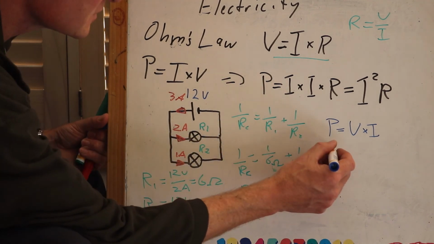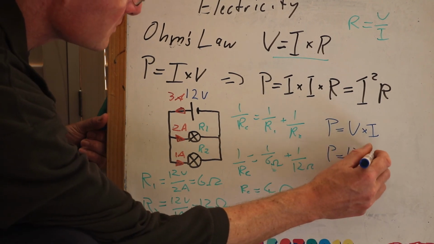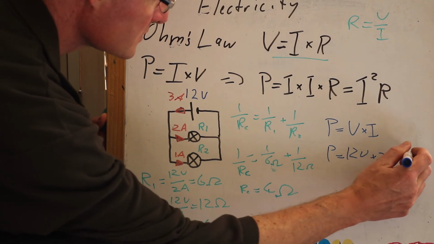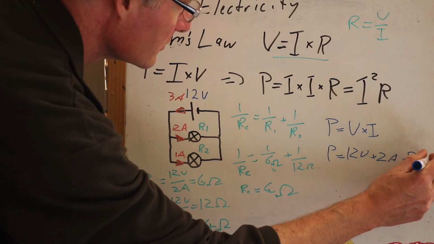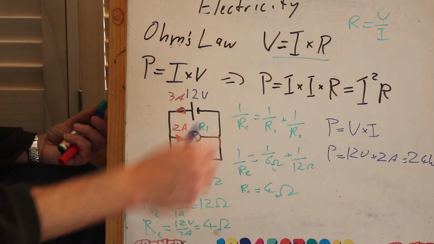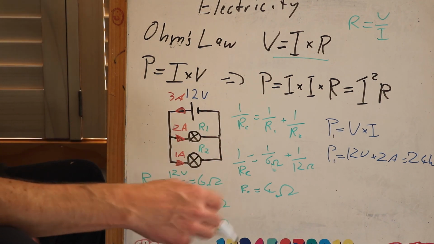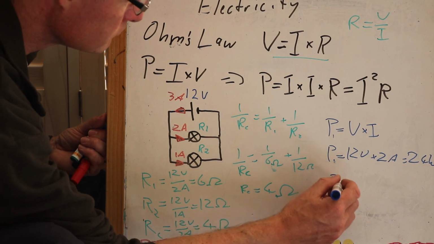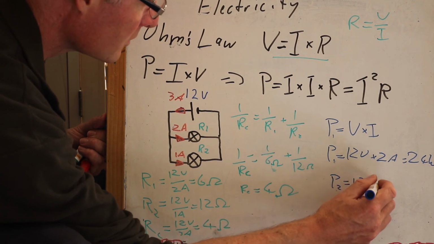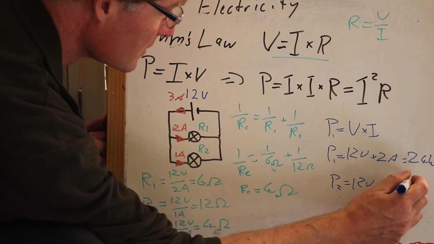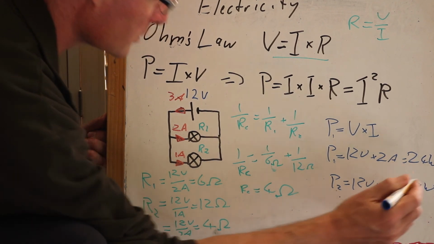Its power is 12 volts times 2 amps equals 24 watts. That will be the more powerful one of the two. P2 would be 12 volts times 1 amp equals 12 watts.